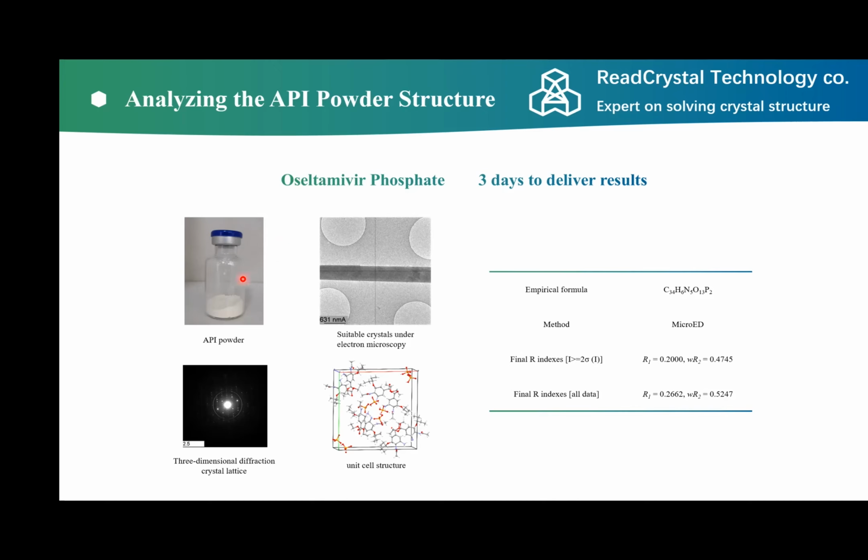But sometimes pharmaceutical compounds don't grow into big crystals. This is a case. With this compound, we only obtained a nanocrystal. It's a rod-like crystal, and then we used micro-ED to collect diffraction data from this crystal and solve the structure. And this structure was delivered to our customer within 3 days.